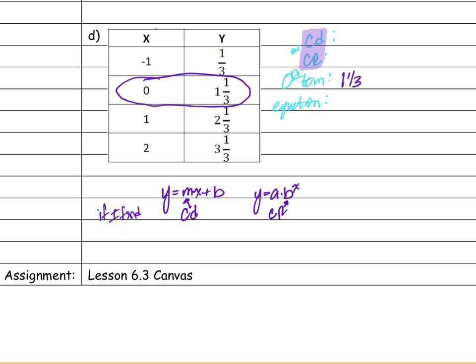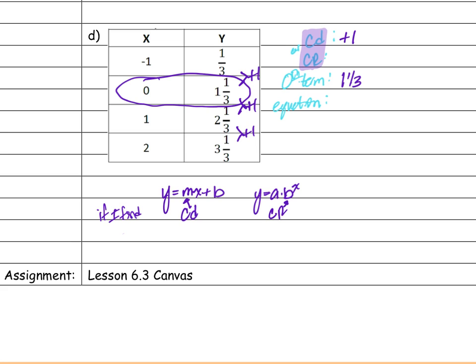The 1/3 is not changing. What's happening every time is I am adding 1. All that changed was the whole number. So because I'm adding, I have a common difference.